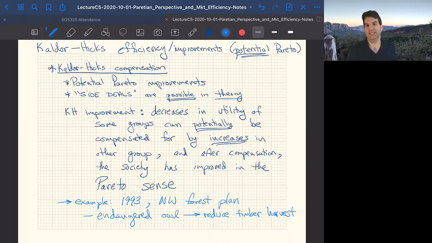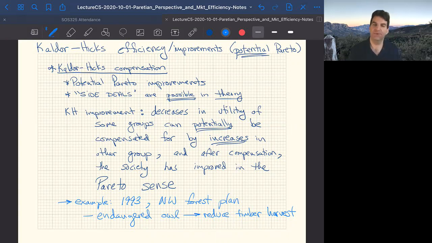And so that would suggest that protecting the forest, because it was possible to do that, was a Kaldor-Hicks improvement.